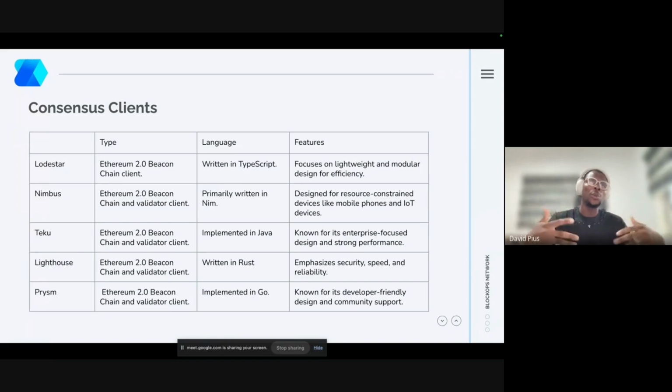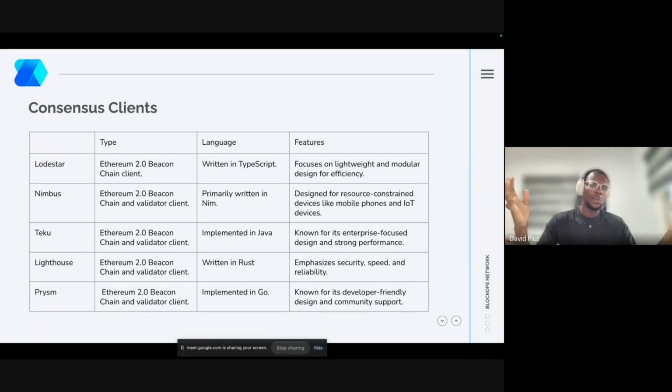Also, for people who want to start running these nodes, it's advisable to run these new clients that are just coming up, because a lot of people are running Geth. If 80% of the participants in the network are running a particular client and there is a bug in this client, it will affect all of these 80% of participants, and in so doing, it also affects the whole network itself.